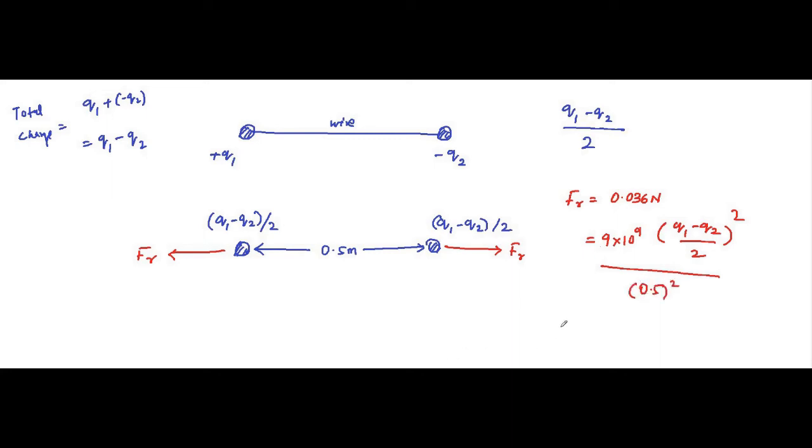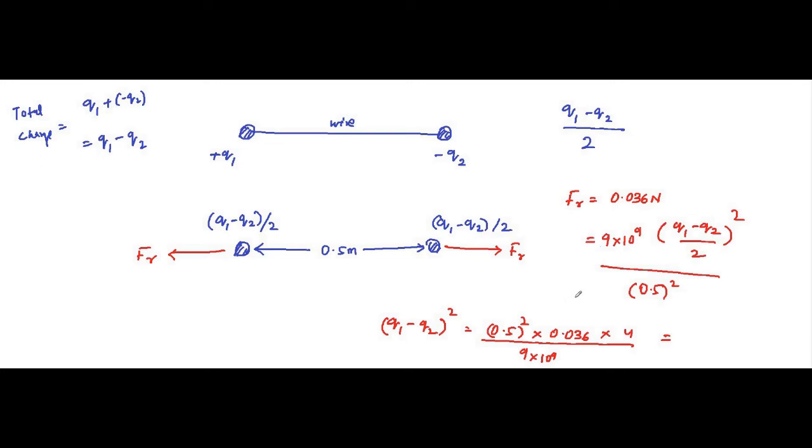So now we have to determine the value of Q1 minus Q2. By bringing it to the other side, (Q1 minus Q2) whole square will be equal to 0.5 square into 0.036 Newton, and this denominator 4 will also go to the other side, into 4 by 9 into 10 to the power 9.